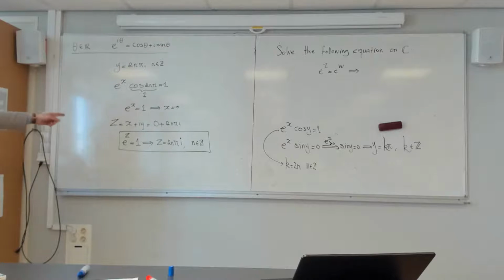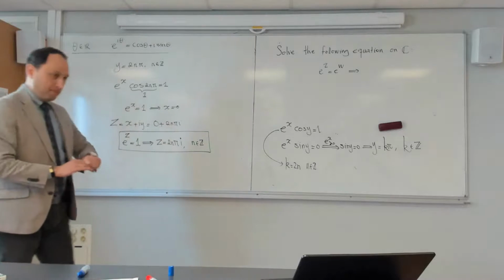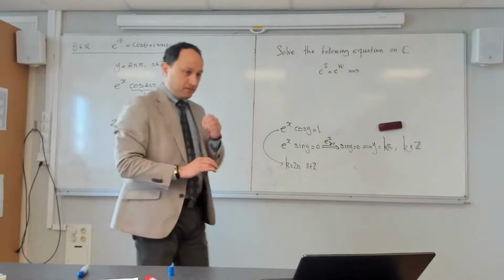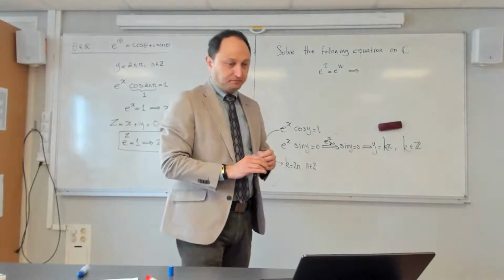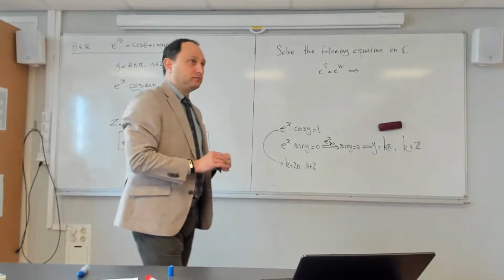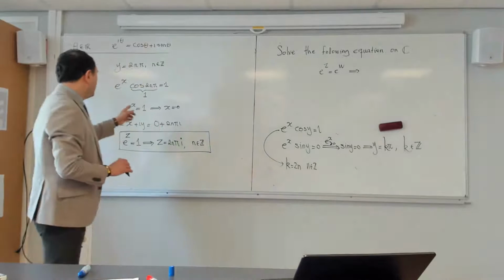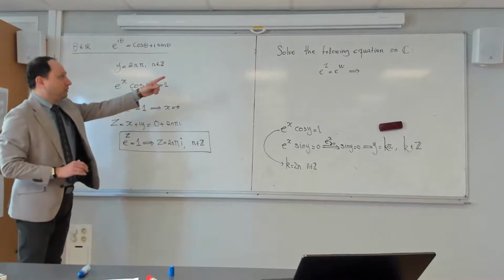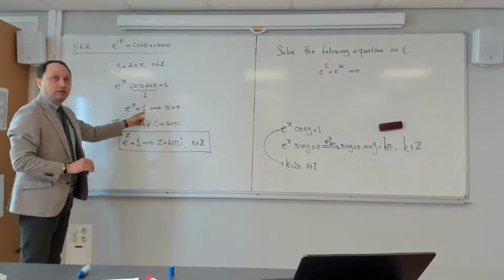How can I connect this problem to that problem? How can I bring in 1 here? In that problem, 1 is absent. In this problem, I need to have 1.